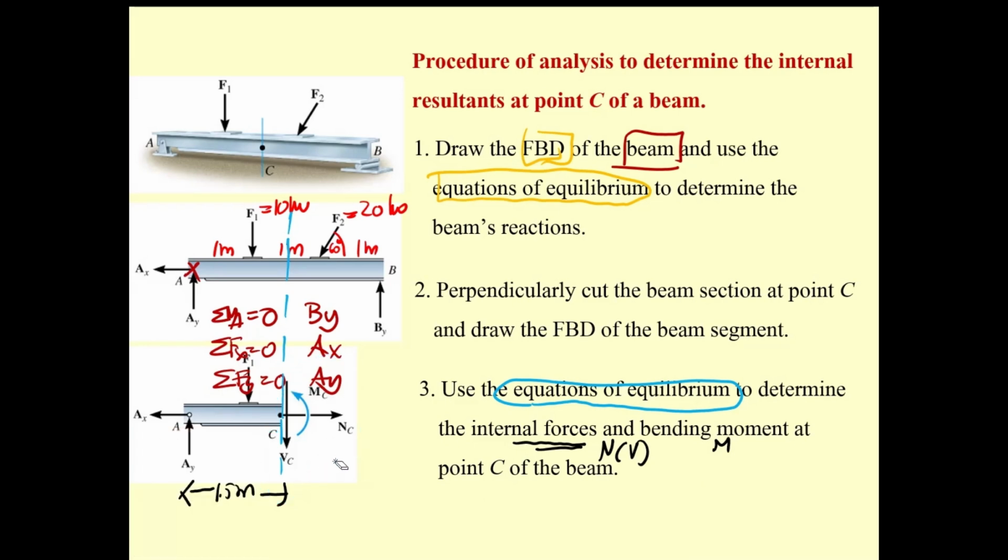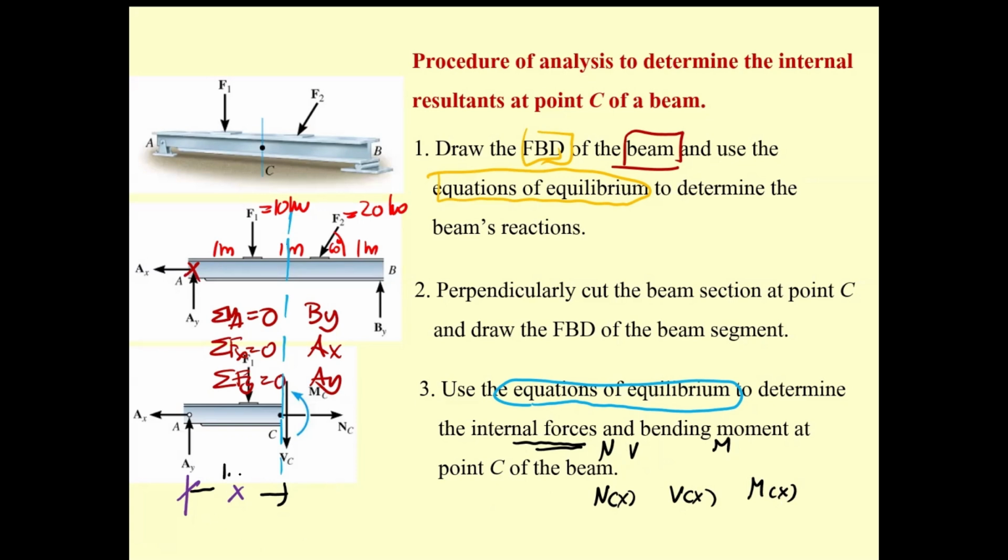We specify it only at the 1.5 meter location, and then we specify it to be x. And if we specify it to be x, we will start from the left to the right. Now, you are not only dealing with N, V, and M. Now, N is going to be a function of x. V is going to be a function of x. M is going to be a function of x.